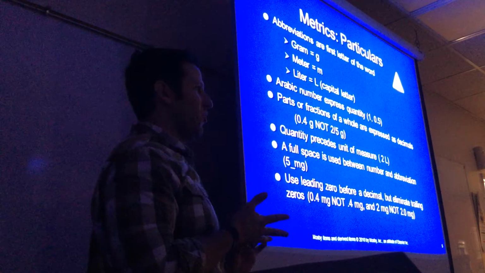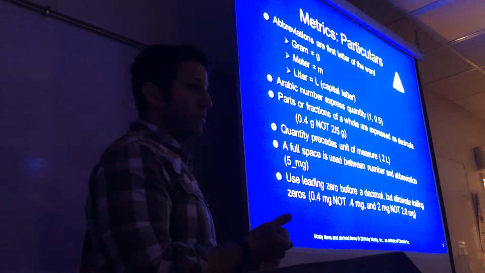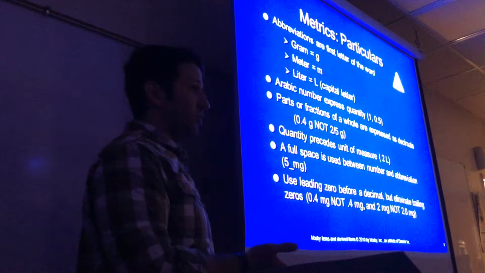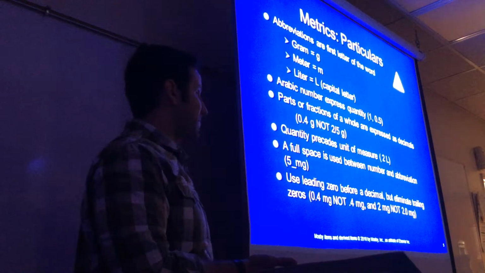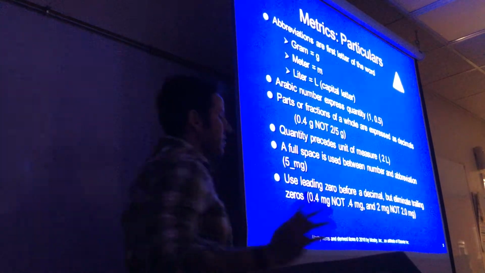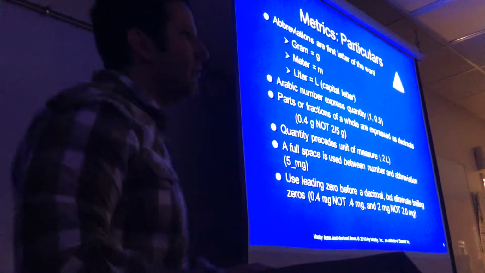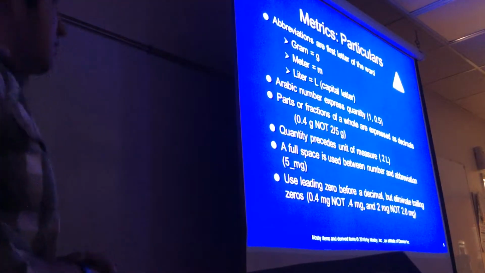But what will I mark you off for? 5.0 milligrams. I don't want any trailing zeros. And I need a leading zero if there's no whole number, right? For decimal places. But I'm not the hugest stickler on the space. I would prefer a space, but if you just have 5 mg, I'll take it.